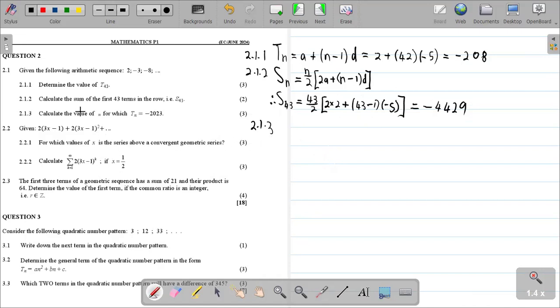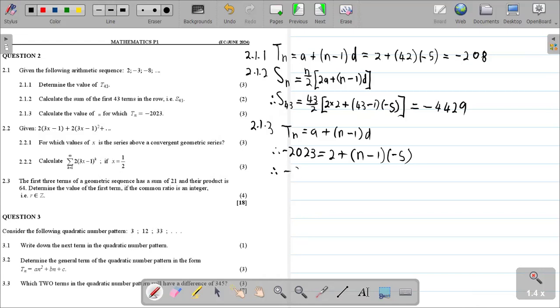2.1.3. Calculate the value of n for which Tn equals, so we use the formula for Tn there. So Tn equals a plus n minus 1, then d. So it means, therefore, negative 2023 equals the first term, which is 2, plus n minus 1, then into negative 5. So we take the 2 to that side.